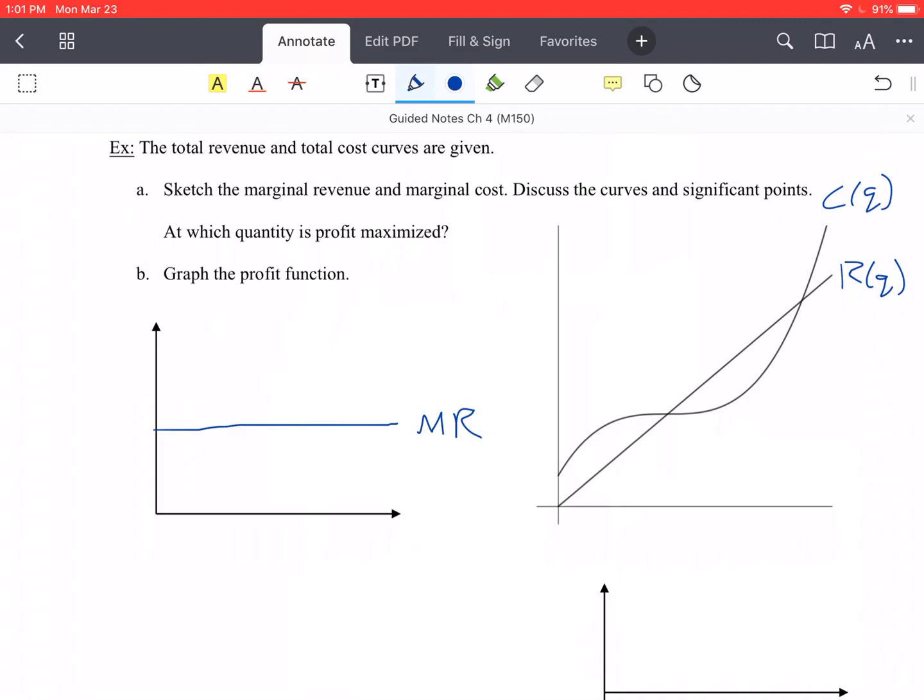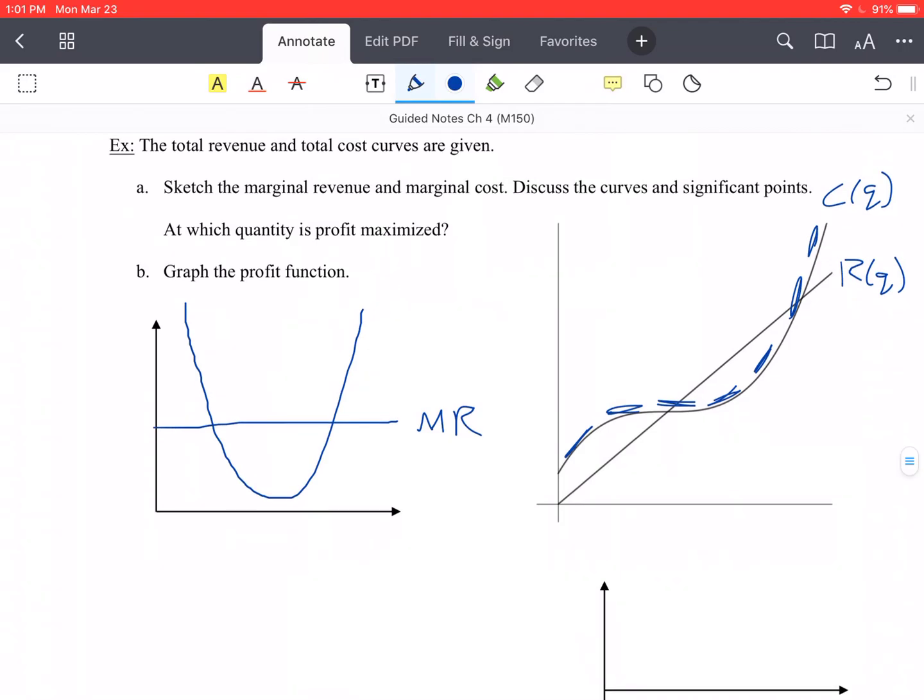And then marginal cost, so if you look at the behavior of it, right, the slopes are pretty positive. They get smaller and smaller, heading towards 0, and then they start growing again, right, as we get higher and higher. So they start off really positive, get closer and closer to 0, and then they get more positive again.